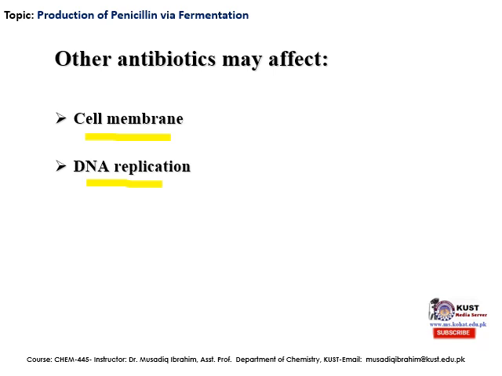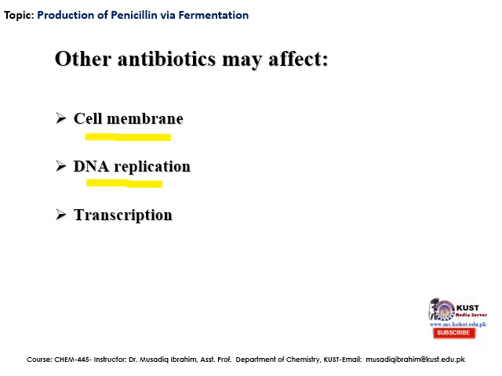So that's why the DNA replication process is being attacked by some of the antibiotics, whose mode of action is to attack certain enzymes which are responsible for the DNA replication.